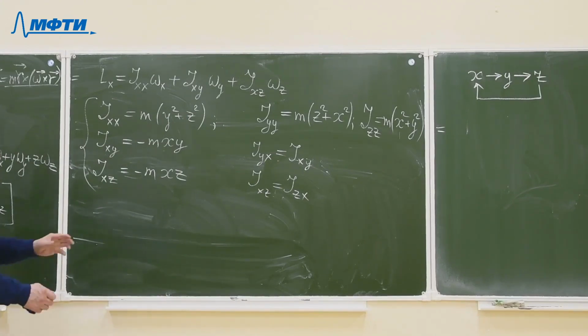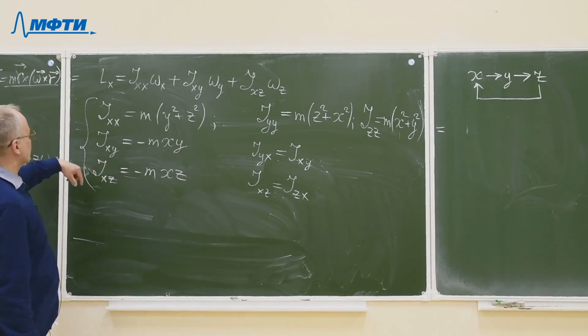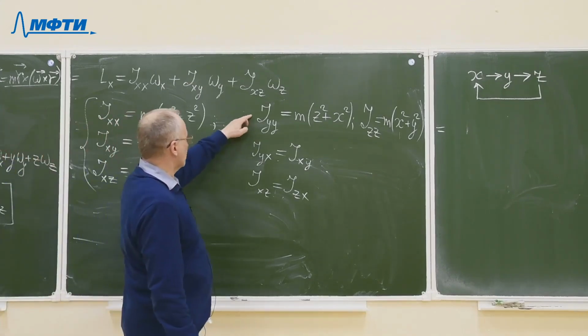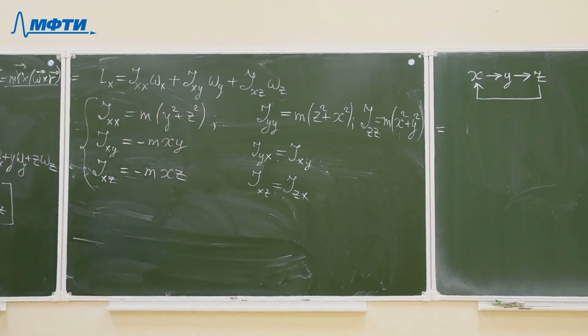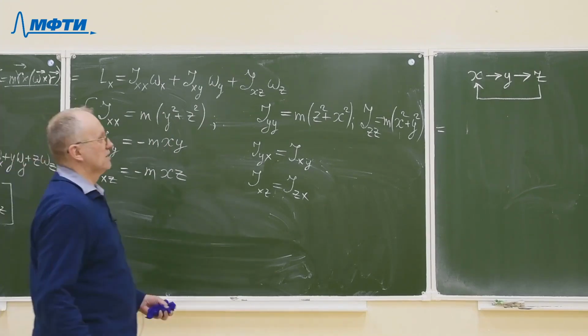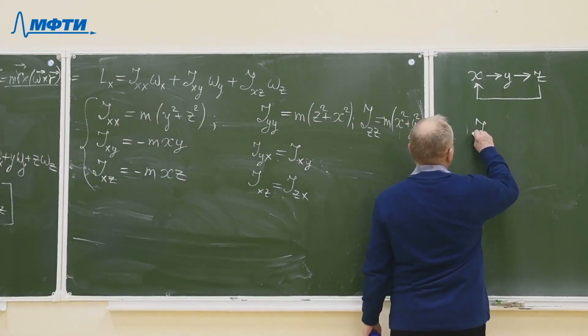So I have found how many elements of the tensor of inertia? 1, 2, 3, 4, 5, 6. How many are there? 9. You remember there are 9 components of the tensor of inertia.